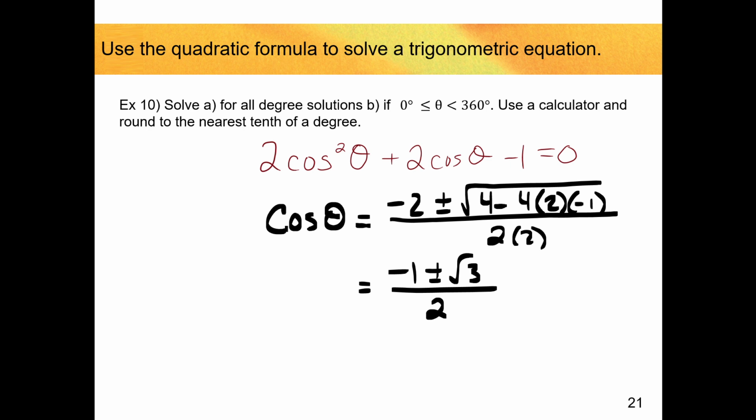Okay, so now you know what happens, right? If it was above 1, or if it was below negative 1, you know it wouldn't happen, right? So let's do these individually here. So cosine of theta is equal to negative 1 plus root 3 over 2.